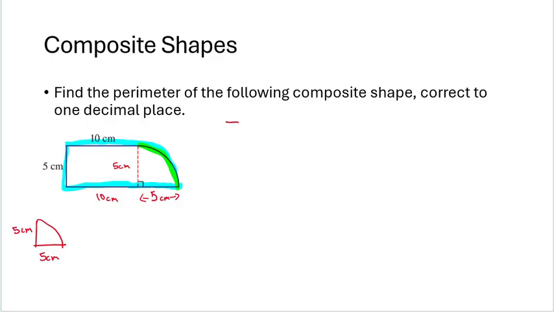Now we need to find what the green is. So L equals A over 360 times 2 pi r. This will just be 90 degrees. The radius in this case is 5.